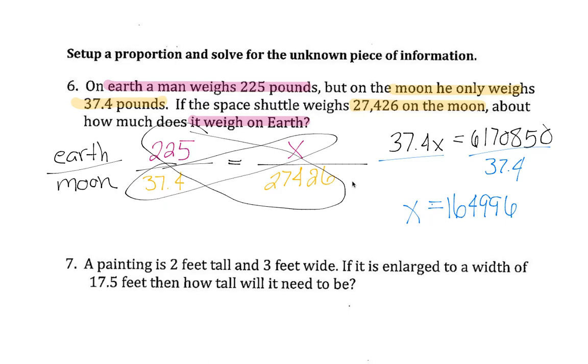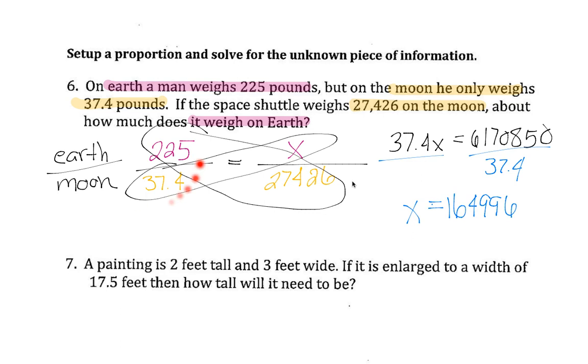This is very important right here. You need to understand that the numerators have to be the same units. They have to be representing the same thing. So it doesn't matter if you have this flipped. It doesn't matter if yellow was on top and pink was on the bottom, as long as there's some consistency between the relationship of the numerators and the denominators.